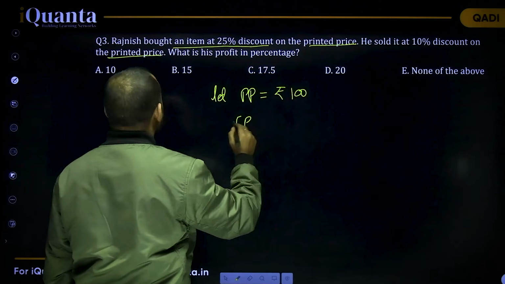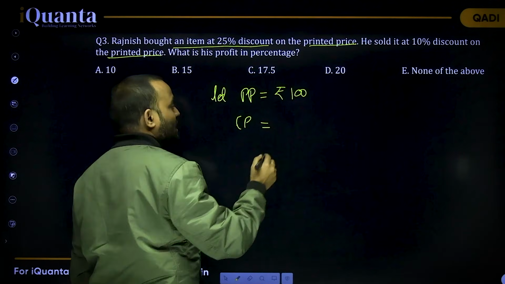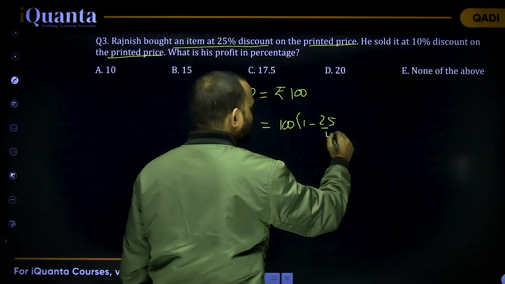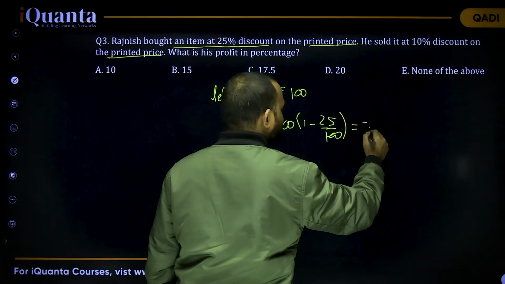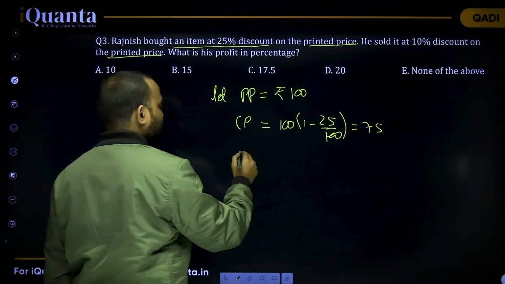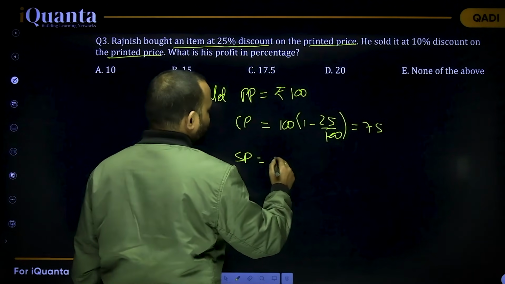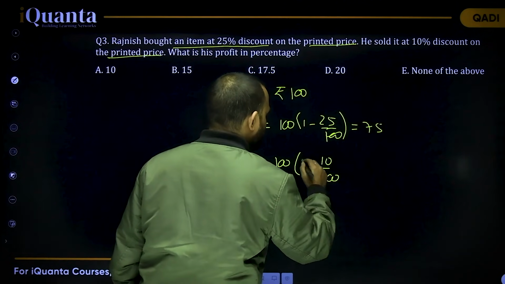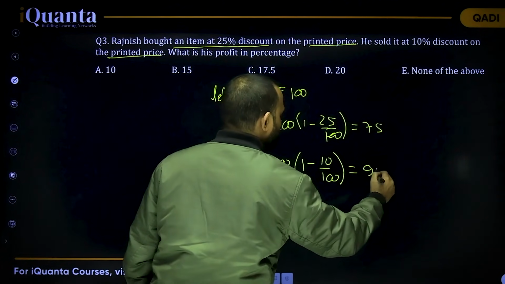Cost price of Rajneesh will be 100 minus 25% discount, that is equal to 75. And what will be his selling price? 10% discount, so selling price is 100 into 1 minus 10 upon 100, that is equal to 90 rupees.